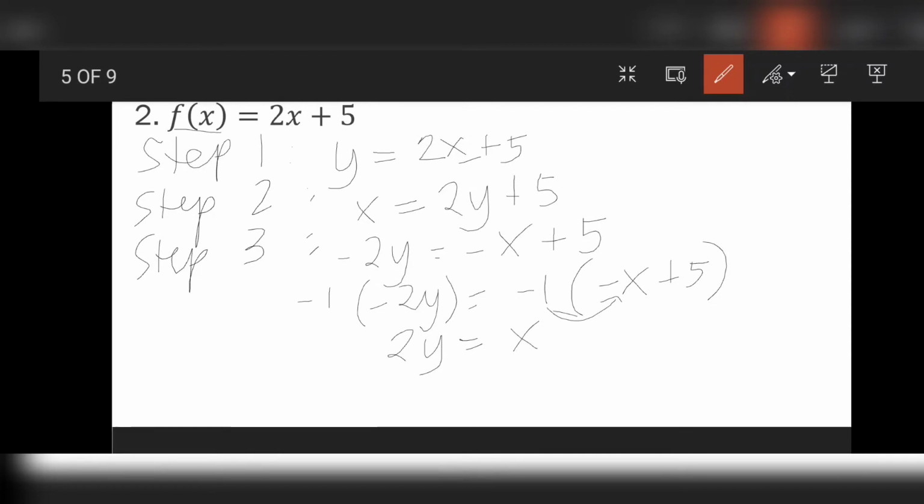Negative 1 times positive 5, that gives us negative 5. Next, to cancel out 2, we have to divide both sides of our equation by 2. So, 2 will be cancelled out and we now have y equals x minus 5 all over 2.